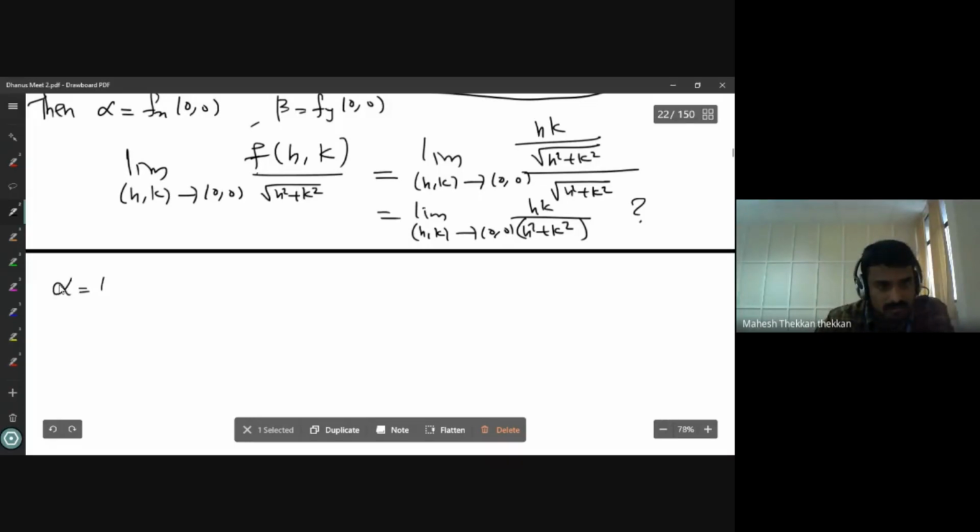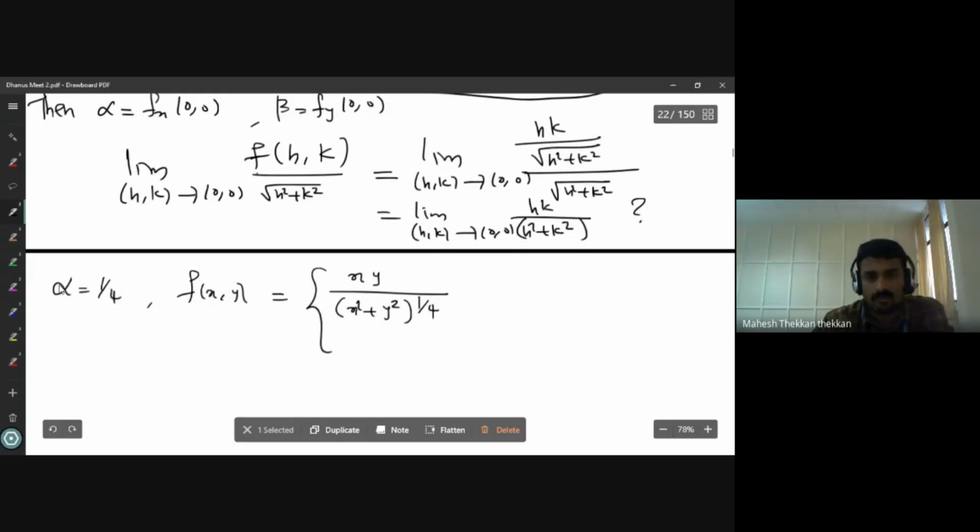What is your function? f(x,y) is equal to xy divided by (x square plus y square) whole raised to 1 by 4 if (x,y) is not equal to (0,0), and 0 if (x,y) equals (0,0). If alpha equal to 1 by 4, f(x,y) is this.